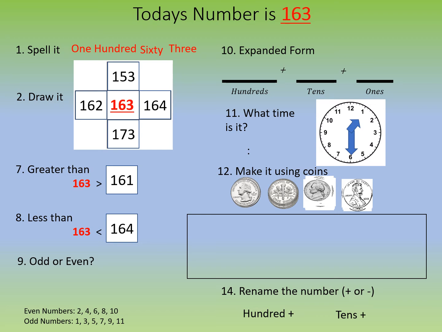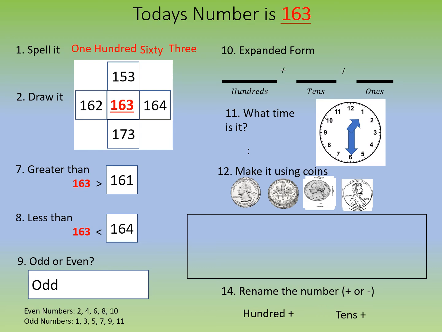So, is 163 odd or even? Write odd or even on your worksheet. The answer is odd. Did you get it right? Pat yourself on your back if you got it right. If you didn't, we'll get it right next time.